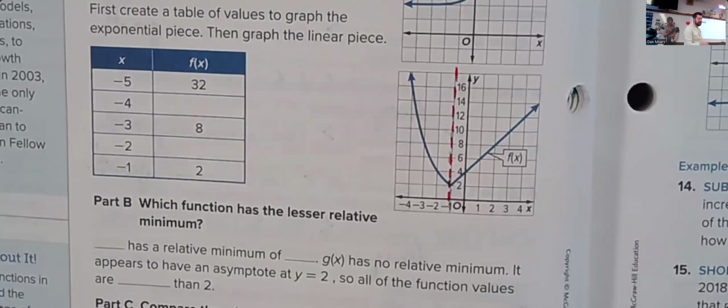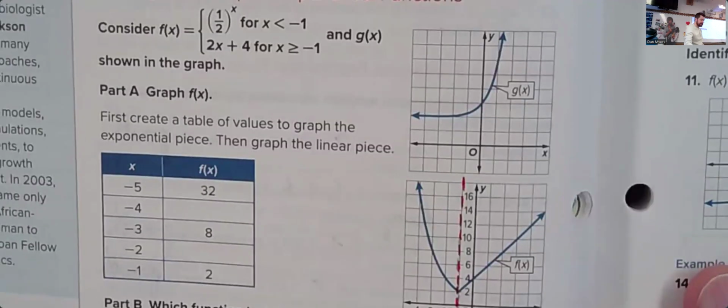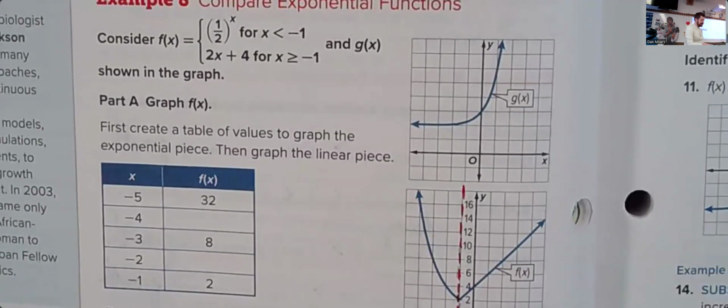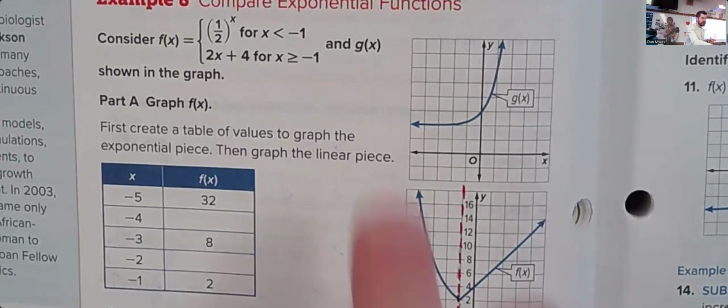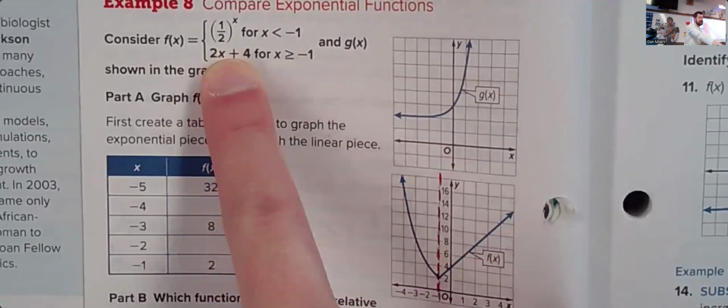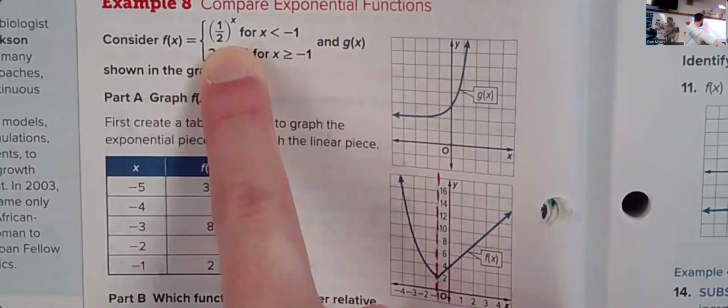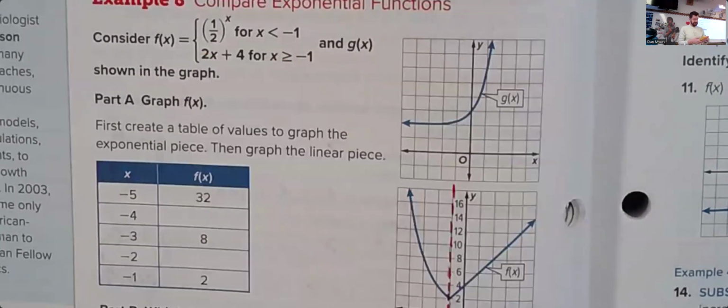So what I want you to do real quick is get your graphing calculators and type in this function here, 1/2 to the power of x. We're not really going to be able to do much with this x is less than -1, but type in this function here, 1/2 to the power of x.